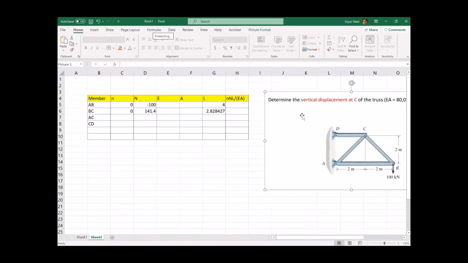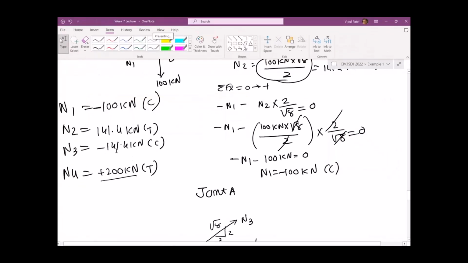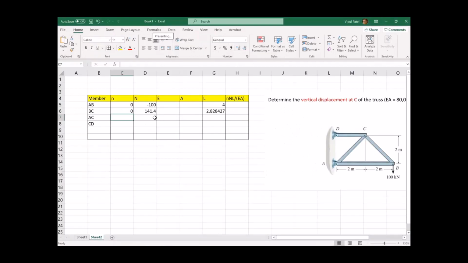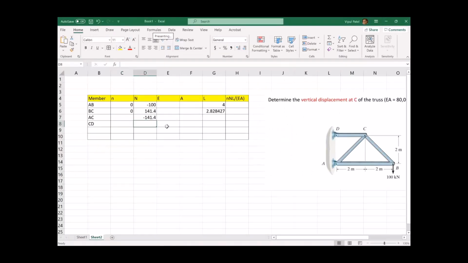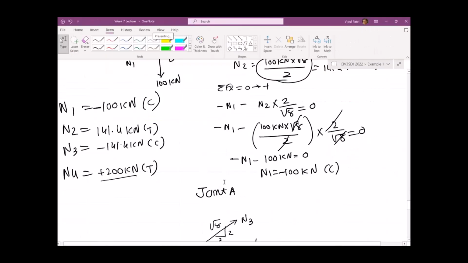Now we got AC. AC is number 3, so minus 141.4, and this small n we need to find. Let me put this N4, N4 is 200 positive, and small n3 and small n4. Let me go back and put the value there.